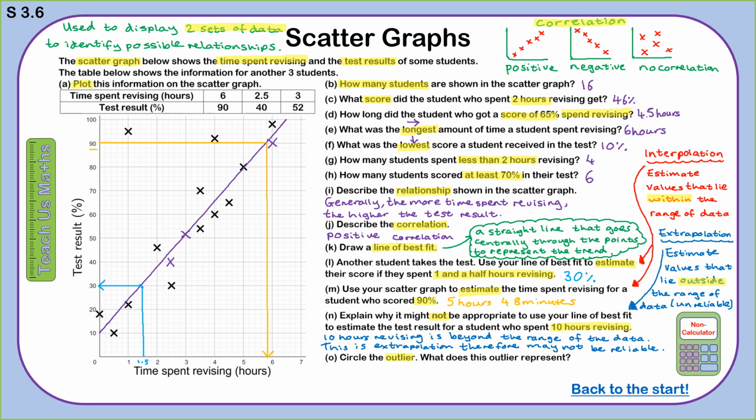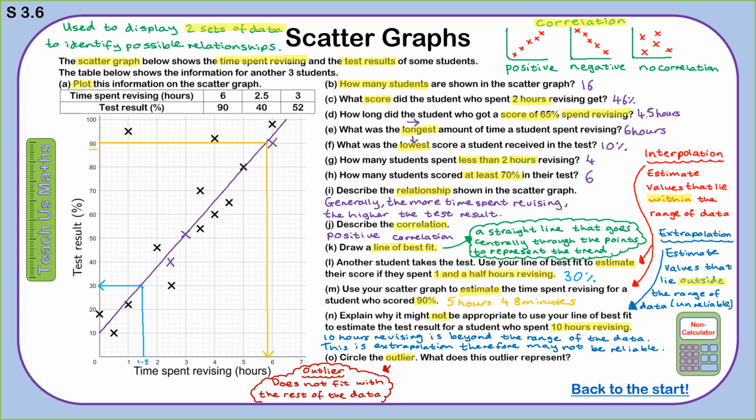So an outlier, or an anomaly, is a piece of data which does not fit with the rest of the data. In this example, the outlier is here.